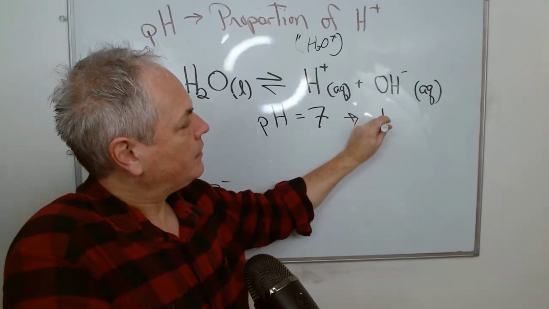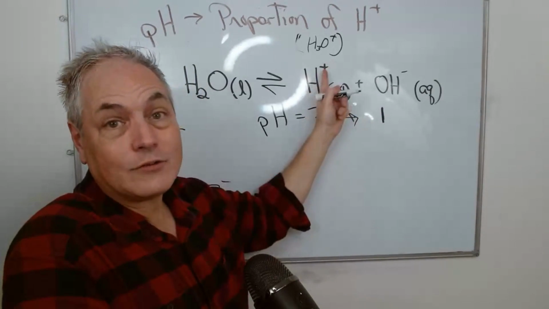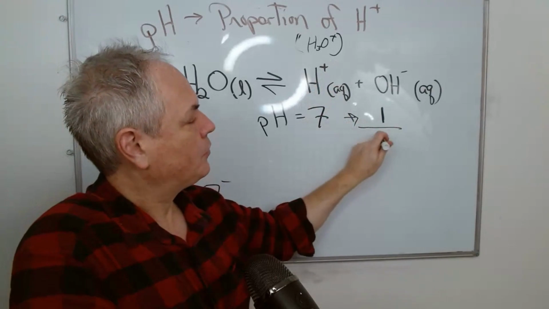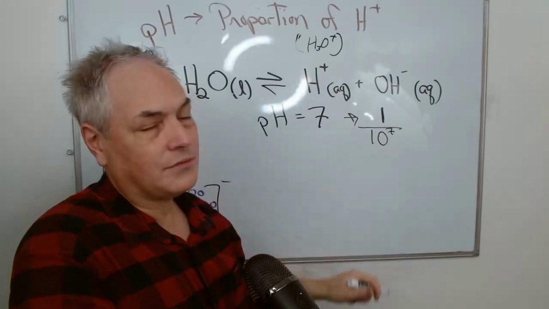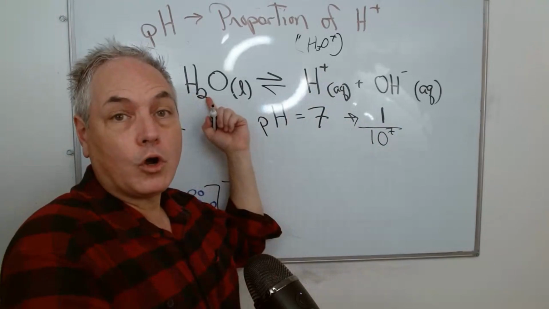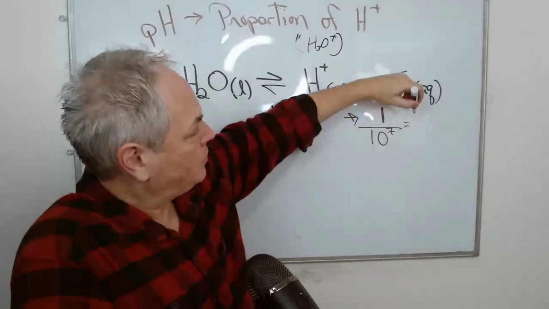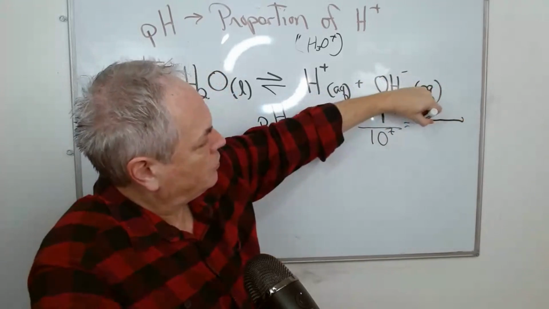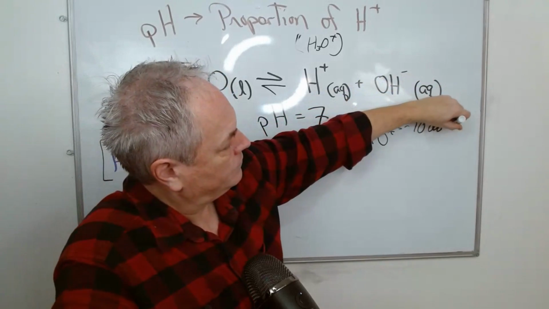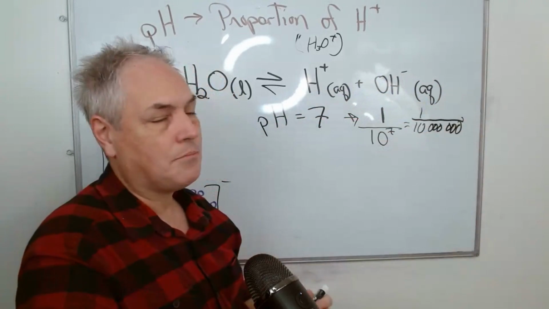It means that there is 1 hydrogen positive ion per 10 to the positive 7 water molecules. Let me simplify it and make it a whole number: 1 over 10 million.